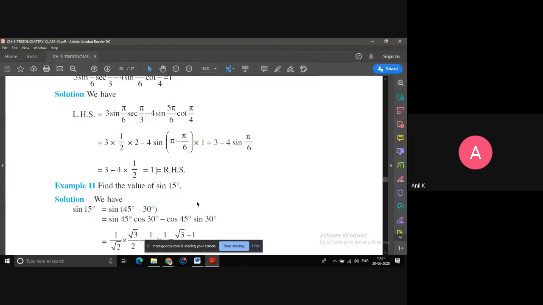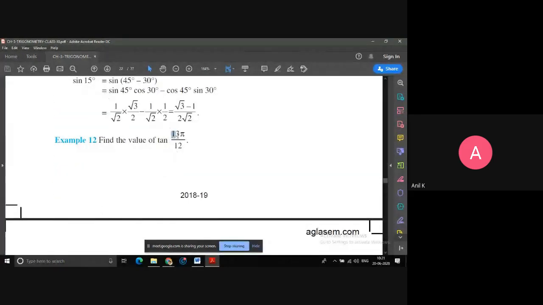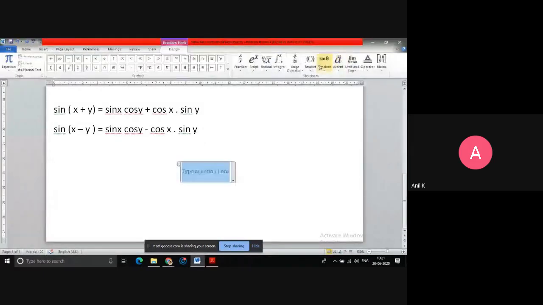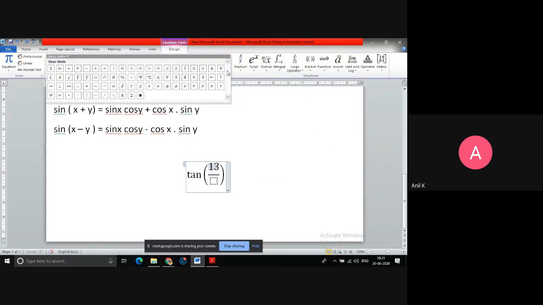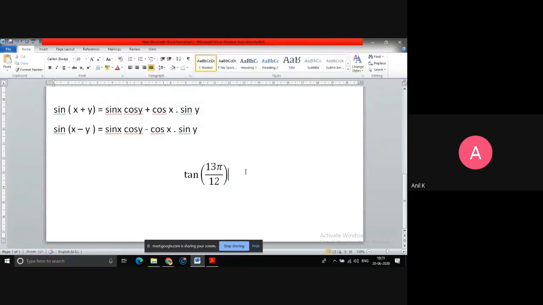Okay, then we have to find sin 15 degrees, that we already solved. Then you have to find tan 13 pi by 12. Let me take this example. Most of the students feel difficulty here because you have 13 pi by 12.